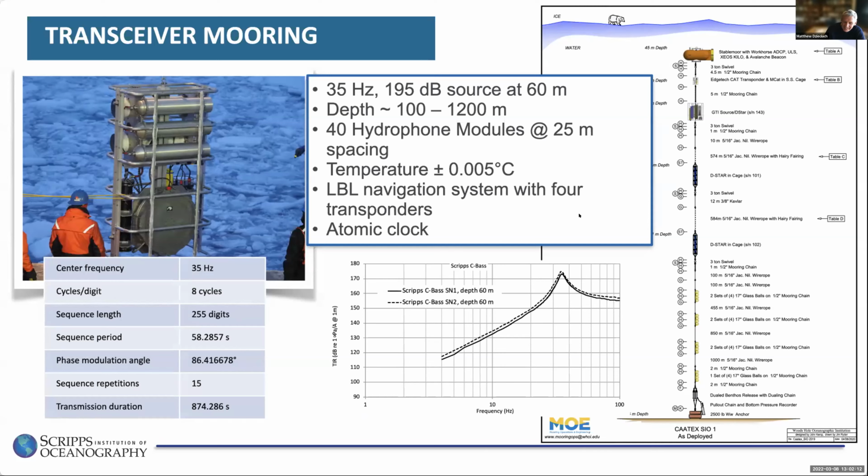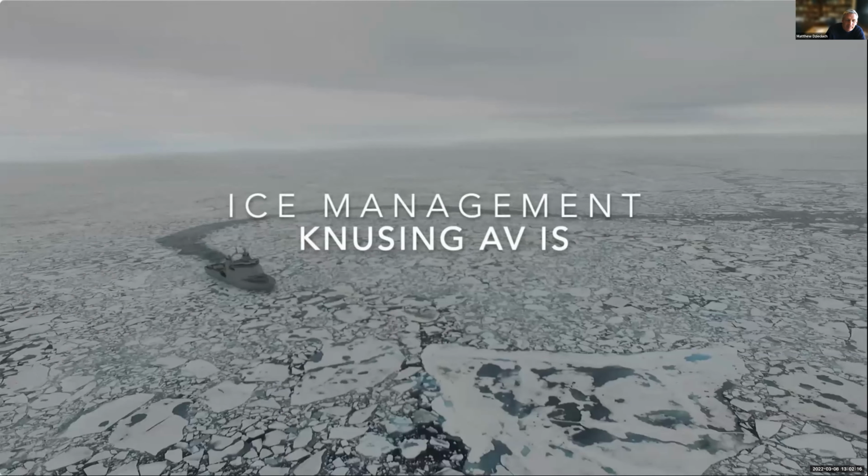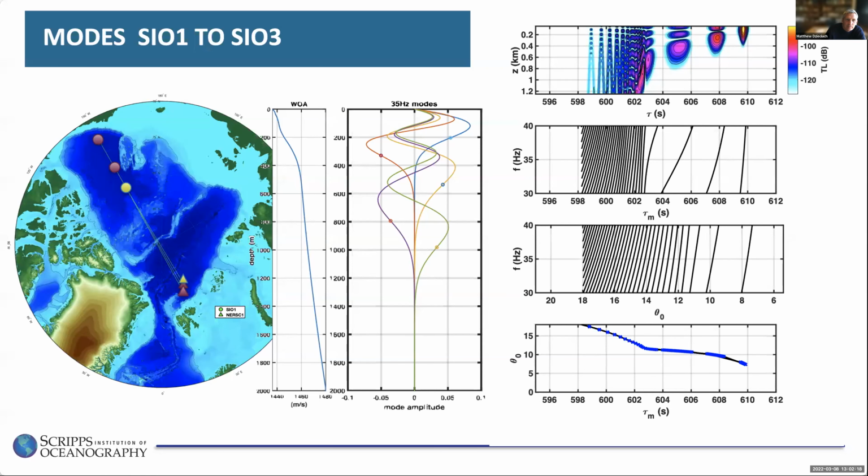Well, in the Arctic it's not like the temperate ocean, because the profile looks like this, and the sound channel axis is near the surface. In the temperate ocean it would be down around 1,000 or 1,200 meters. Here the water is mostly the same temperature.